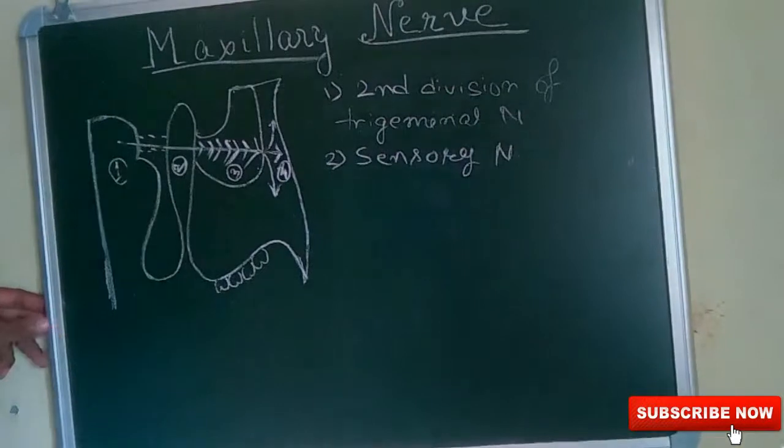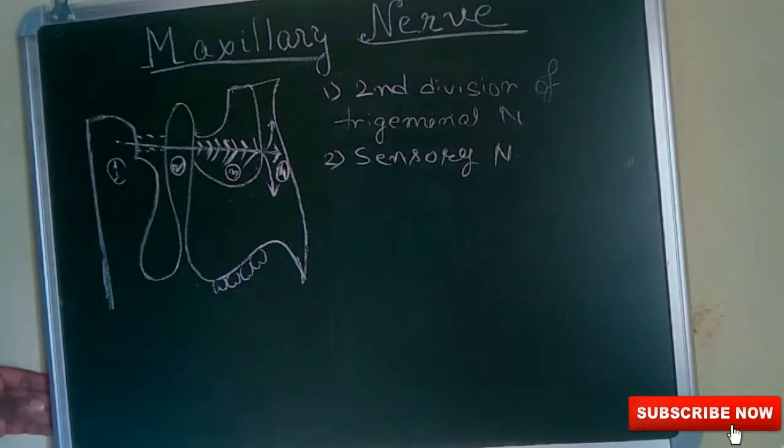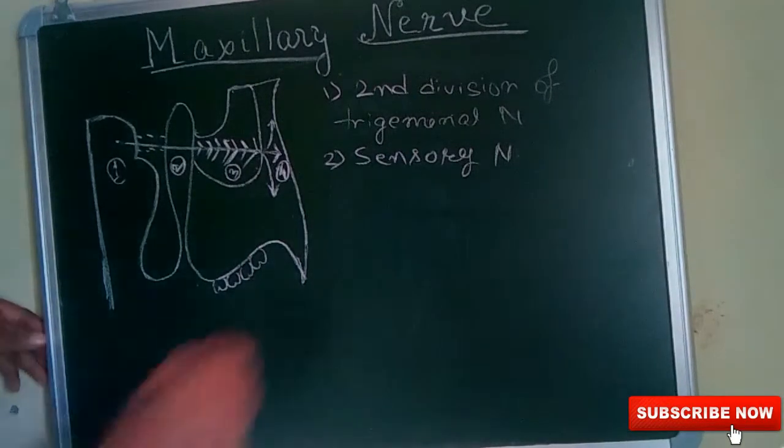It's purely a sensory nerve, and it supplies, number one, the upper jaw and number three, the gums.